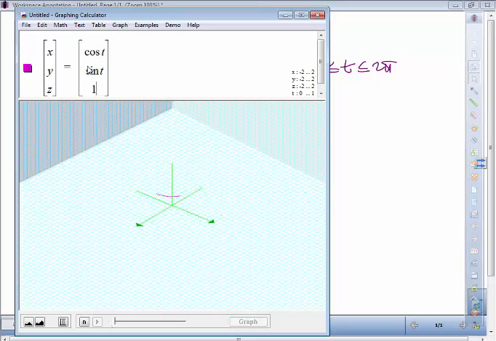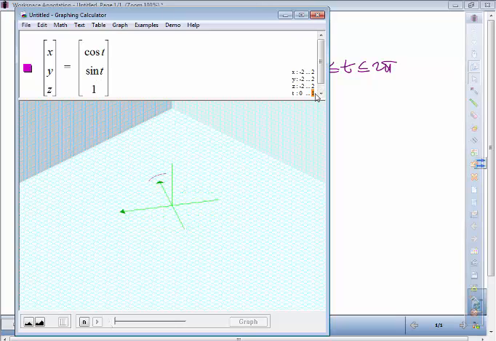So if this is 1, and I went from 0 to 2 pi, it actually wouldn't be a helix. So I think that problem might have been done incorrectly. If it was in fact 1, then this would have been just a circle, which has circumference of 2 pi.